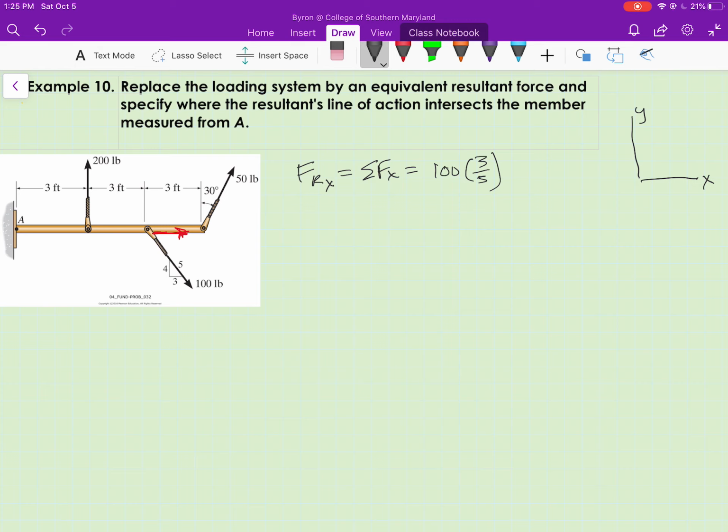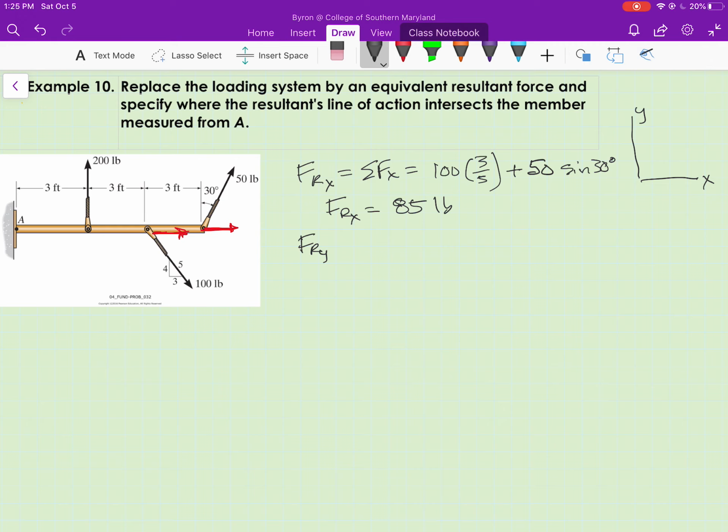And the 50-pound force has an x component that is going to be equal to plus 50 times sine 30 degrees. So F sub Rx is going to equal 85 pounds.